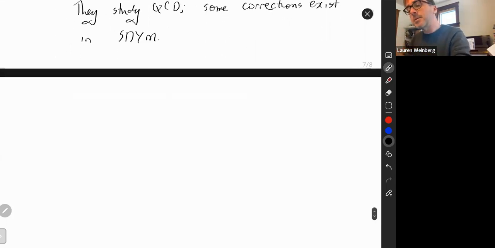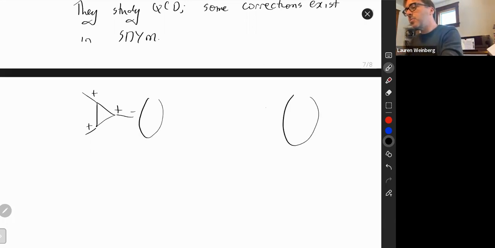What they find is that, coming from this diagram, if I have two plus states becoming collinear, then there's a singularity determined by a triangle bubbling off like that.